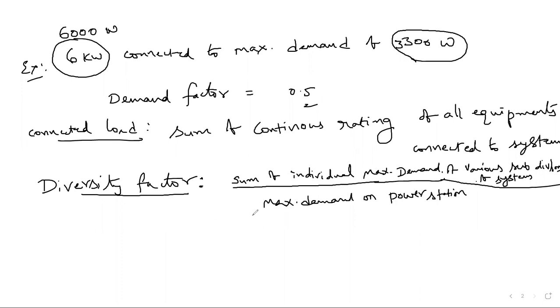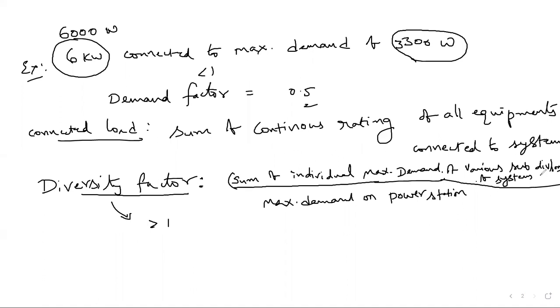Since it is different from your demand factor, what is the case in the demand factor? It should always be less than 1, whereas the diversity factor should be greater than 1. Generally it should be greater than 1. Why is it greater than 1? Any idea? See the formula here.